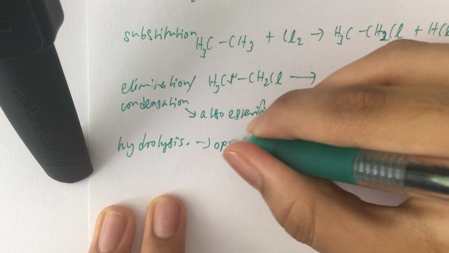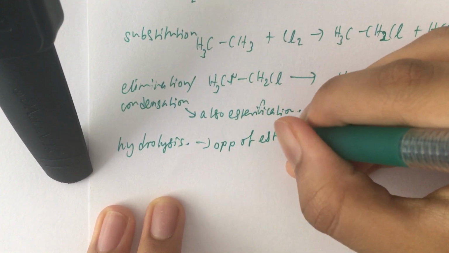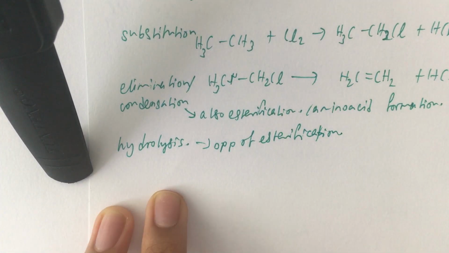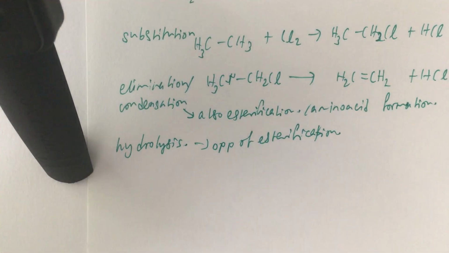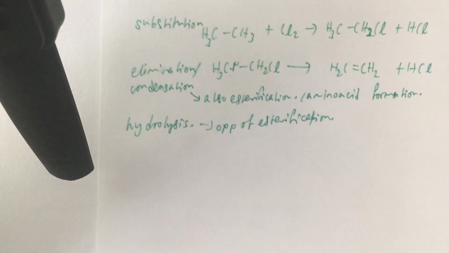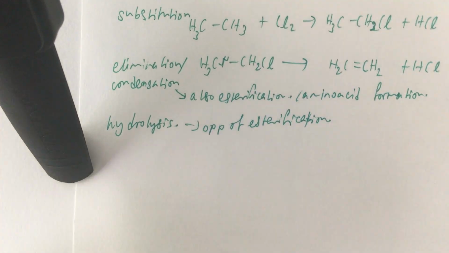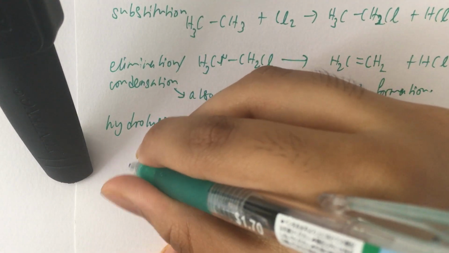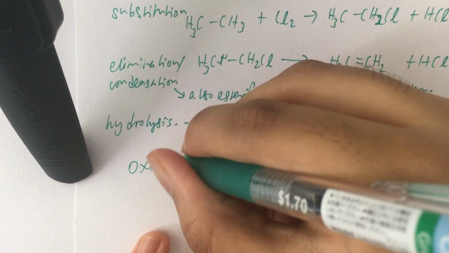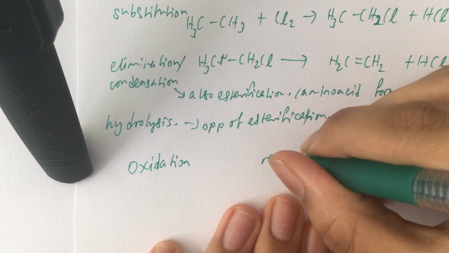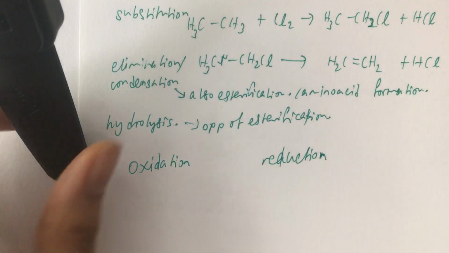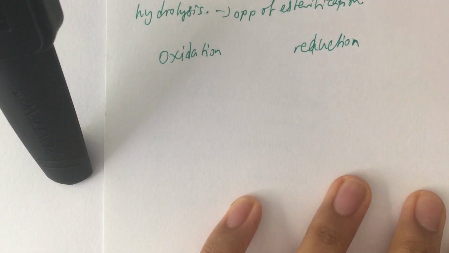So yeah, that's hydrolysis. Okay, so the final one is oxidation and reduction. Yes, I think we all very clearly know what these two terms mean. If you have the oxidation number, I think that's the best way to describe it, because if you use purely O and H, it may not describe all of the reactions that could be oxidation or reduction.